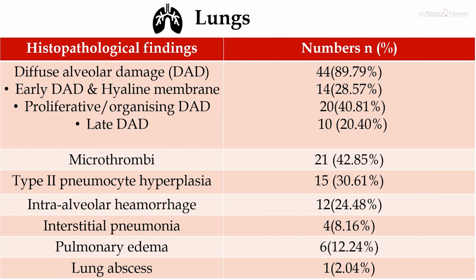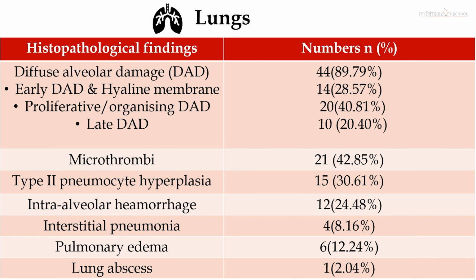Now, coming to the histopathological observations in the lungs. Out of 51 patients, two patient samples were found to be inadequate. Of the rest, 44 patients showed diffuse alveolar damage: early diffuse alveolar damage with hyaline membrane was seen in 14 patients, followed by proliferative and organizing diffuse alveolar damage in 20 patients, and late diffuse alveolar damage in 10 cases.